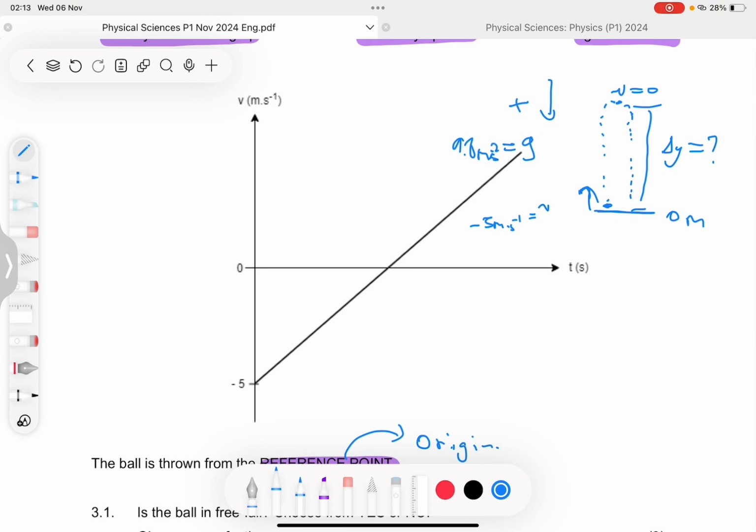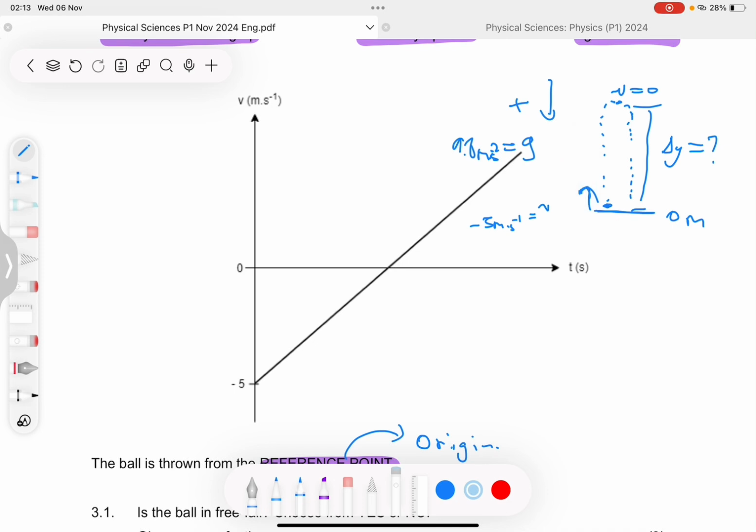And in this case, our 9.8 is positive. Why? Because anything that goes down is positive according to this graph, and anything that goes up, right, is negative. Right, so our 9.8 is positive.